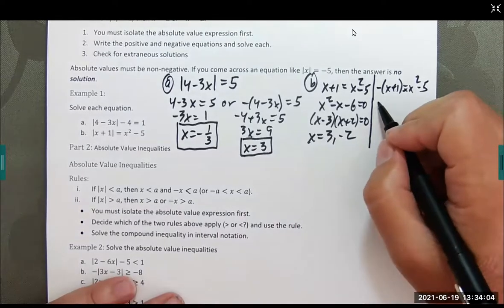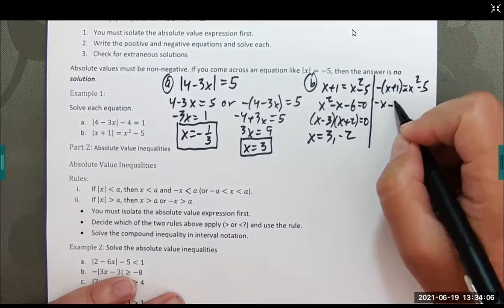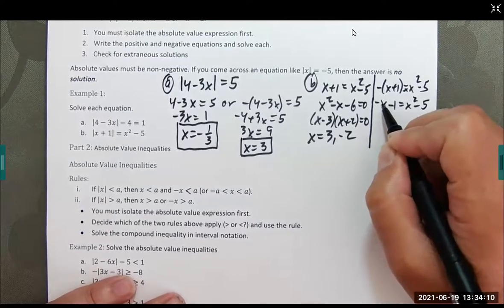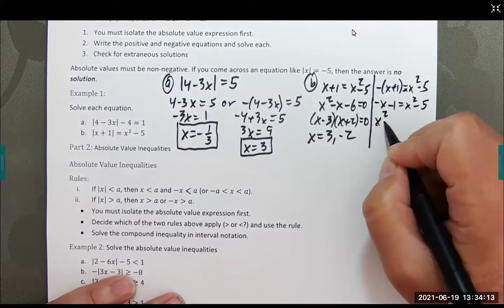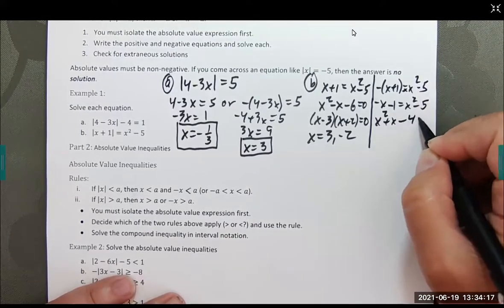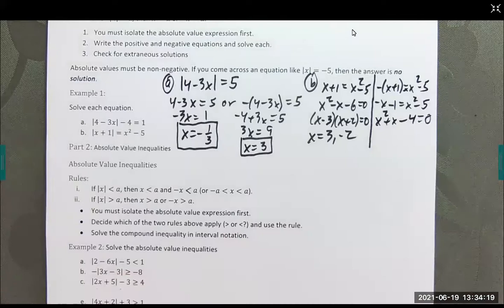Here I have negative x minus 1 equals x squared minus 5. Adding those to the other side, I get x squared plus x minus 4 equals 0. So we now have a quadratic that does not factor.